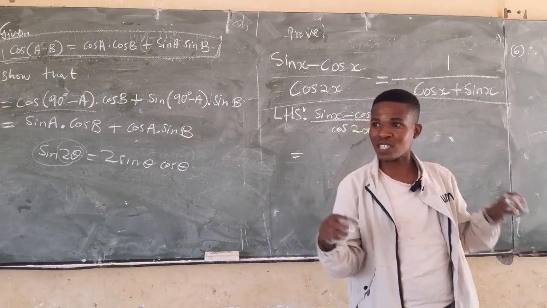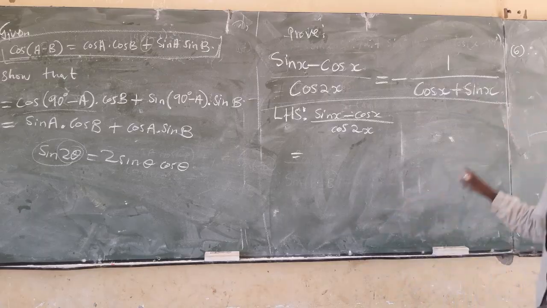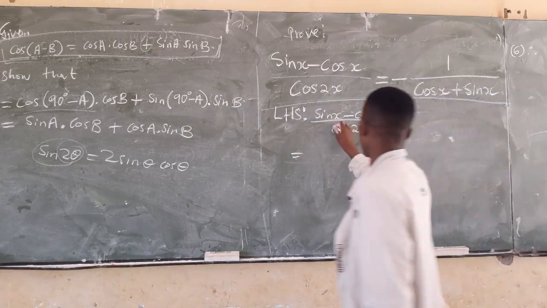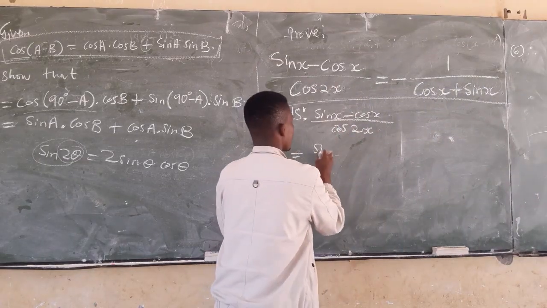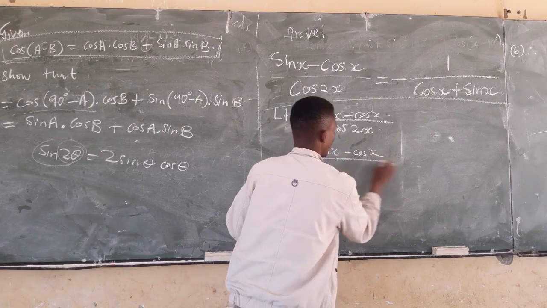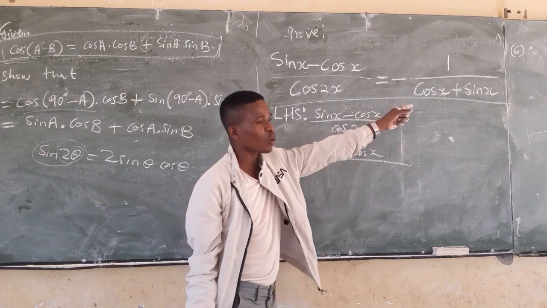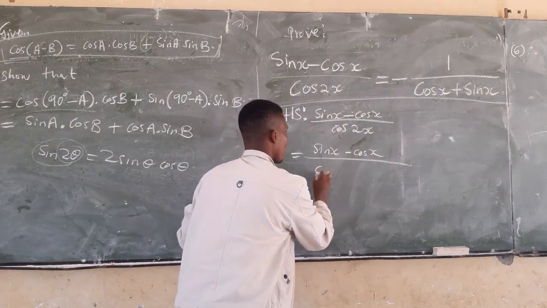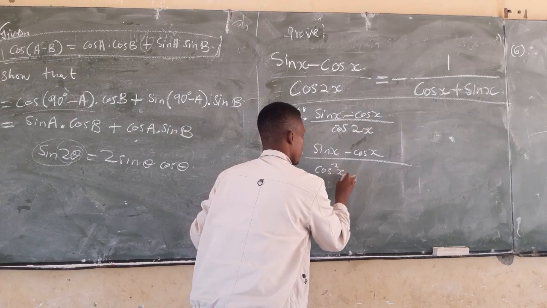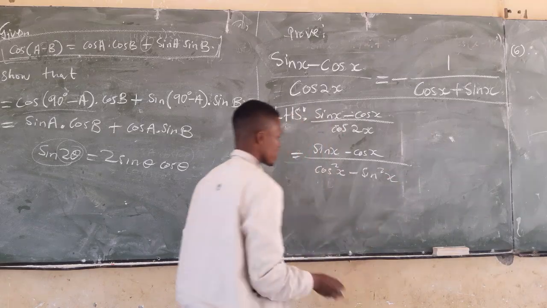But the cos also we must be careful to change. Right now, we have sine x minus cos of x. Now let's change this to the first formula because we want cos and sine. Cos squared x minus sine squared x.